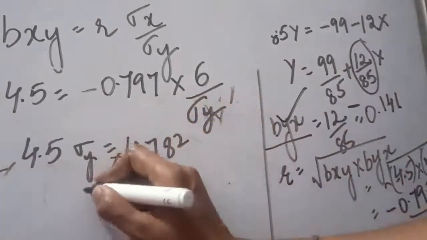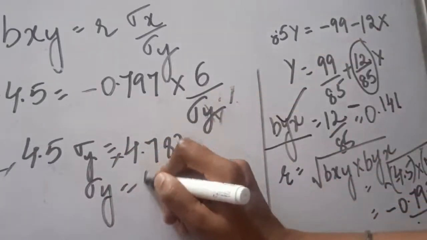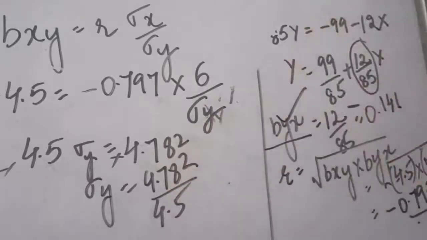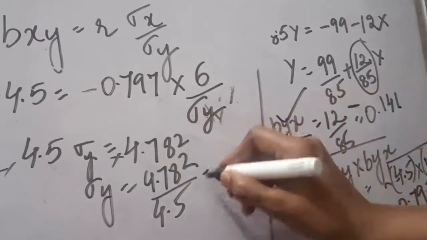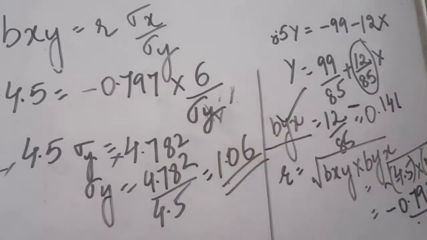So this negative sign will go off. From here you will calculate the standard deviation of y: 4.782 divided by 4.5. So the standard deviation of y comes out to be 1.06 or thereabouts. So this is how you have to solve the question in case two regression lines have already been given and some other aspects of the question have been asked.